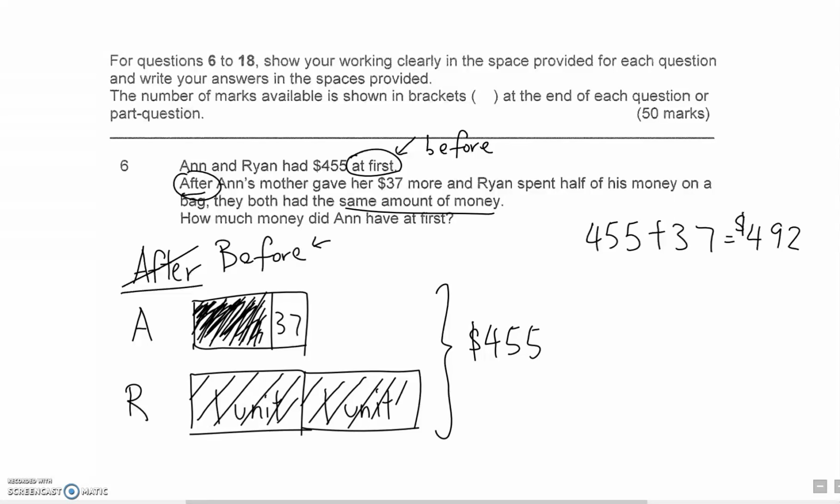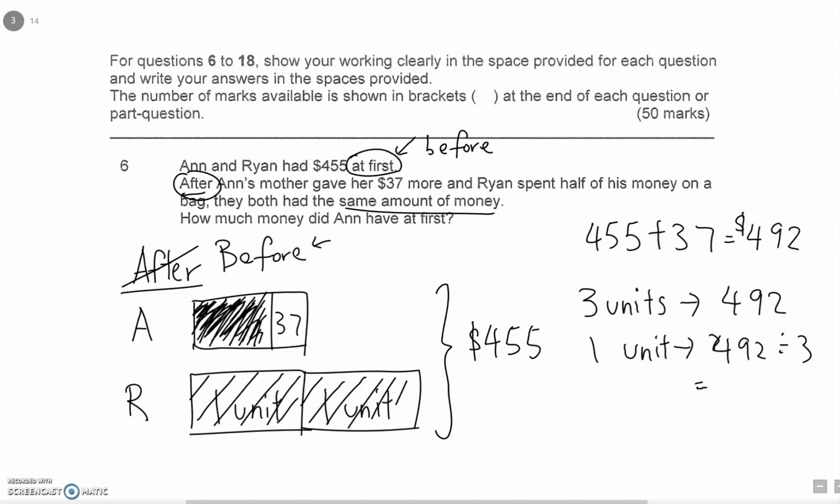Now that we added this $37, it means that this 1 unit below, this 1 unit here, and the 1 unit on top gives us a total of 3 units, because now the unit on top is a proper unit. And these 3 units give us $492. Let's look for 1 unit first, which is 492 divided by 3, giving you 164.